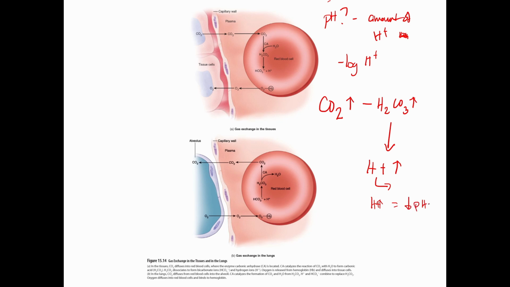Remember, class, that pH is the negative logarithm, meaning the more hydrogen ions you have, the lower your pH is, the more acidic your blood becomes. Let's write it again: high hydrogen ion concentration equals low pH, but high acidity.